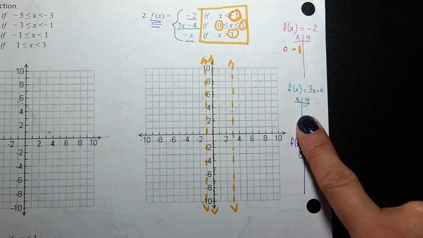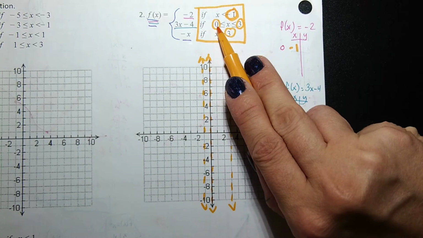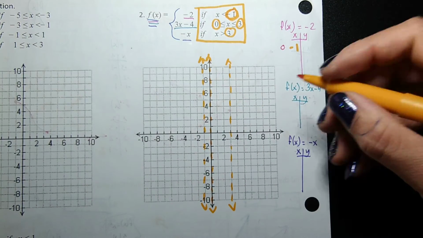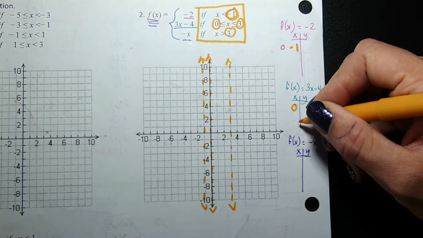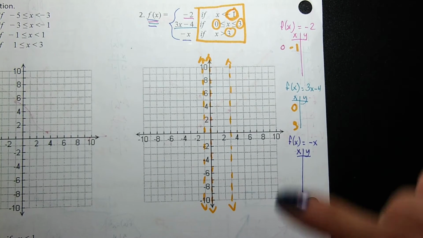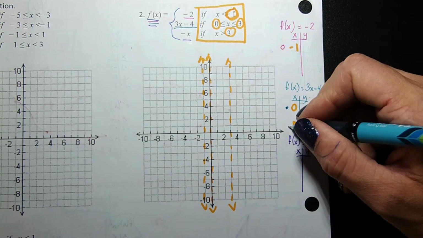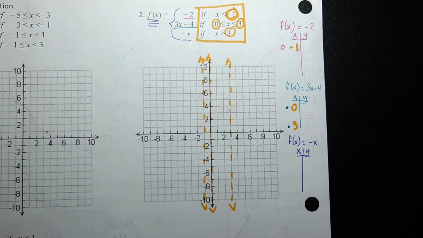Now for our next table, we have 2 bound values in that bound statement. We've got 0 and 3. So we'll have to use both of those bound values, and then we're going to get to pick another value in between those. Open dots or closed dots for those ones? Closed dots because it's greater than or equal to 0, and less than or equal to 3. So closed dot for both of those. What's the bound value for the last table?